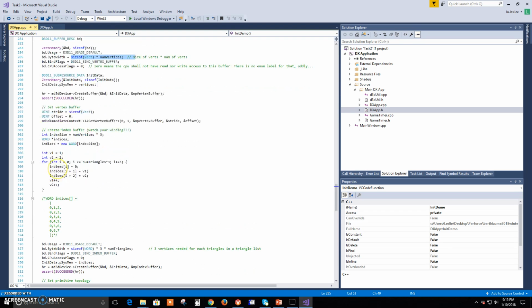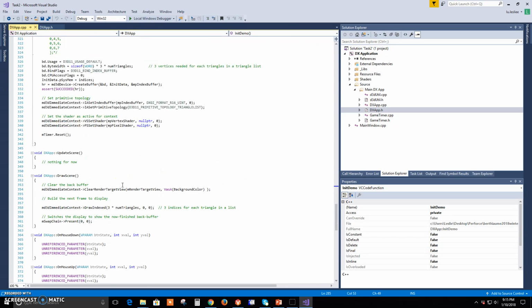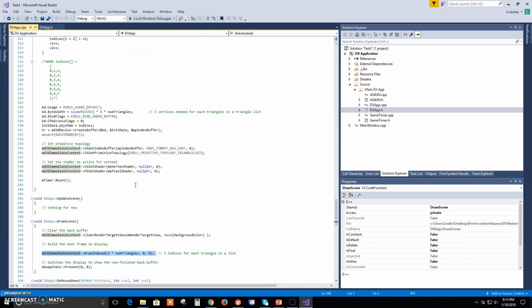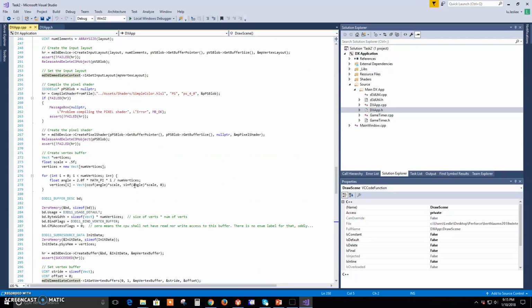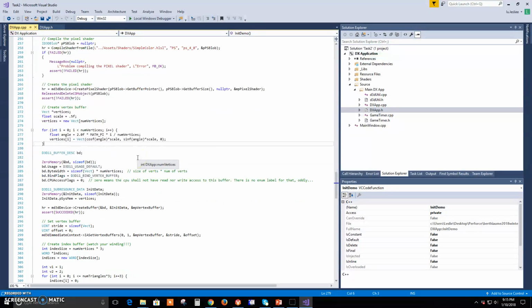And the same thing for drawing the triangles over here, because we have the number of triangles. And then for the circle, based on the number of vertices, I use cosine and sine to space out each vertex.